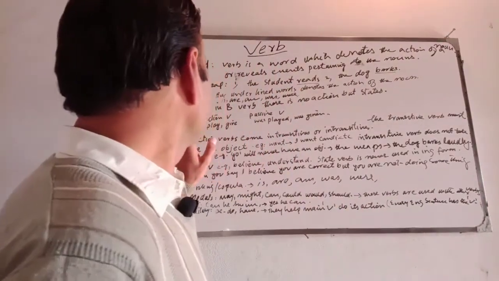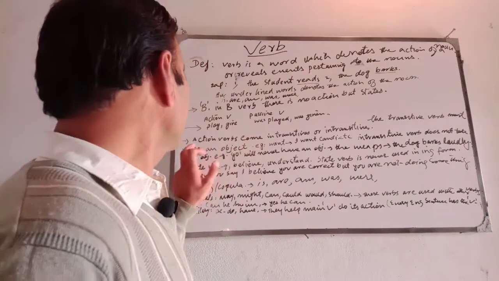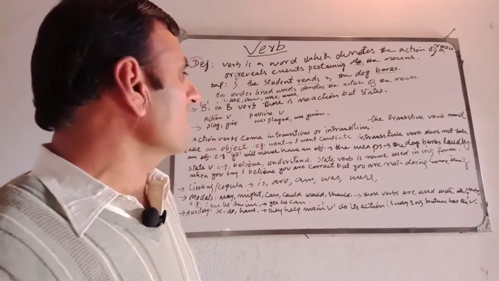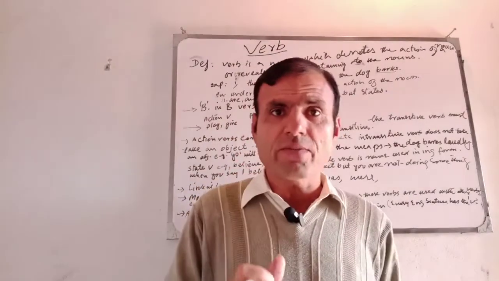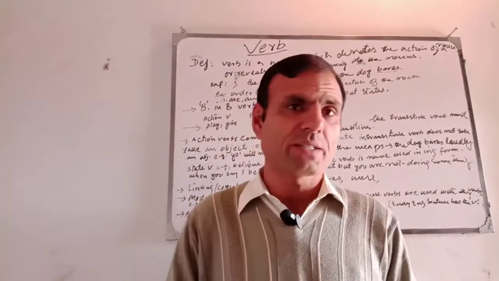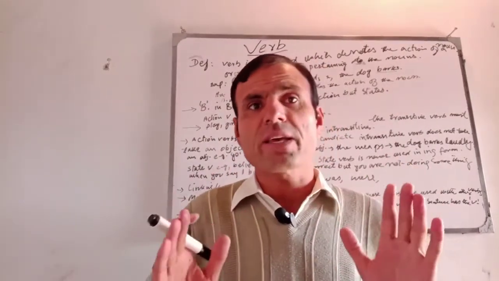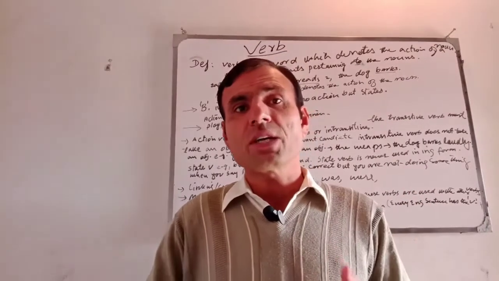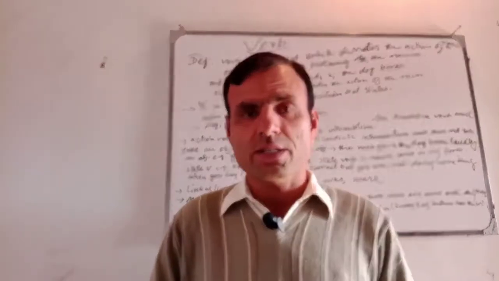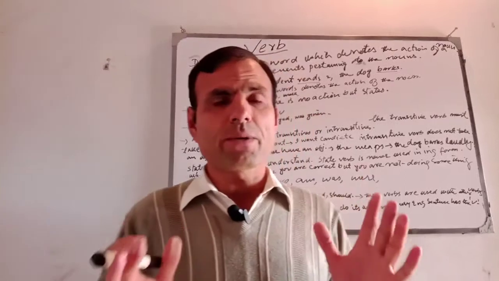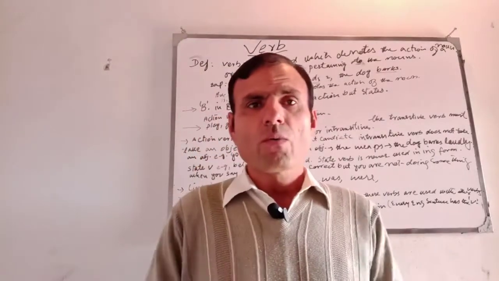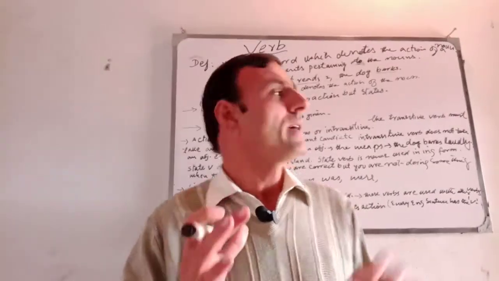After that, action verbs come in transitive and intransitive states. There are two kinds of action verbs. One is transitive and the other is intransitive. Remember it here.